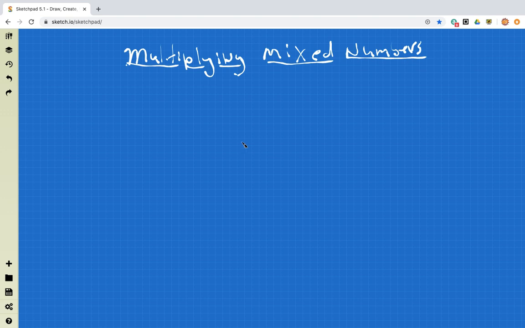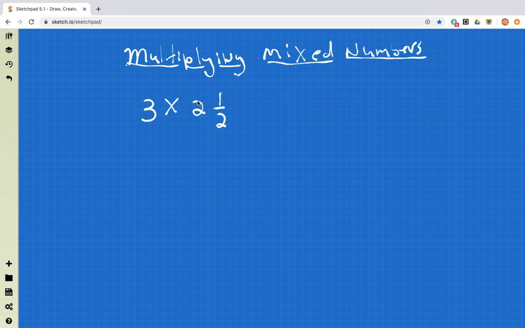Here we go. Today I want to talk about a situation like this. What if I'm multiplying 3 times 2 and 1/2? Now at first glance it looks like we've been doing that. We've been multiplying fractions. Sure, we've multiplied 3 times 1/2. But we haven't multiplied 3 times a mixed number.